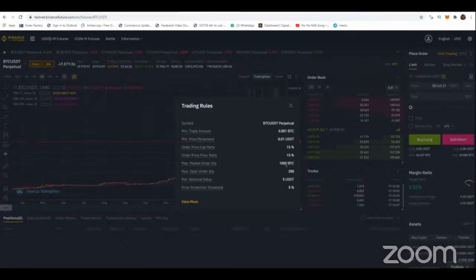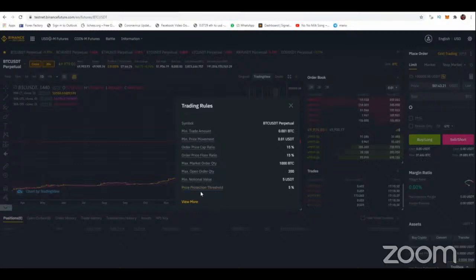If you ask me, this is quite huge, and they know why they put this limit there, because of course there are some people that have more than 1000 BTC, and they know when to push that kind of BTC into the markets to force price in a certain direction. And then the maximum open order is 200. So that means if you are taking orders up and down at the same time, the maximum number of orders you can have open at any particular point in time is 200.